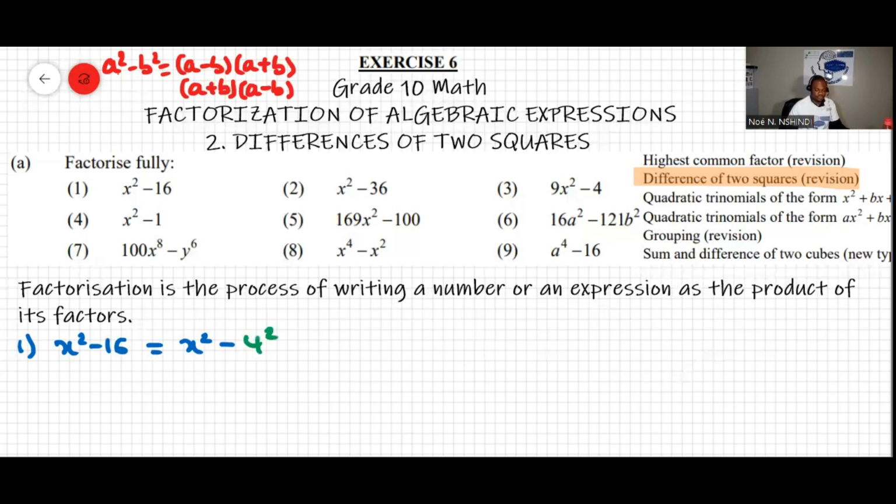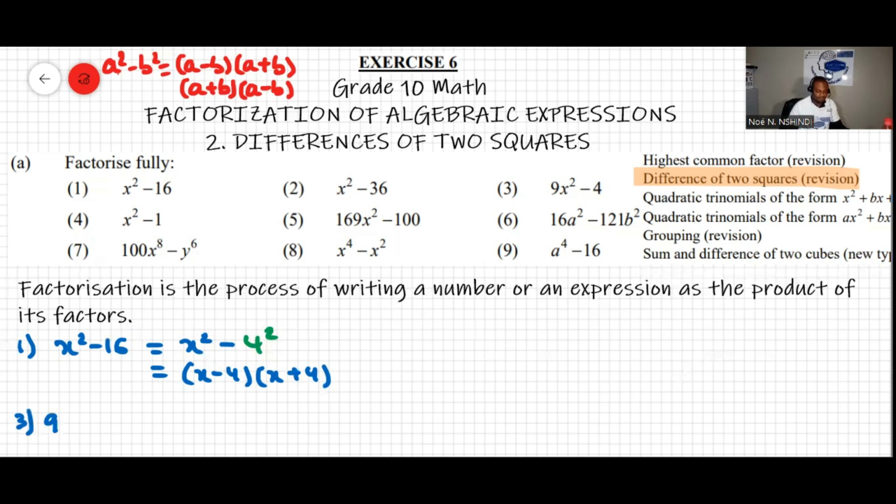It's like 4 squared. So we can say this is equal to (x minus 4)(x plus 4). Then we're done factorizing. I'll leave question 2 for you, and then I'll do question 3 here.